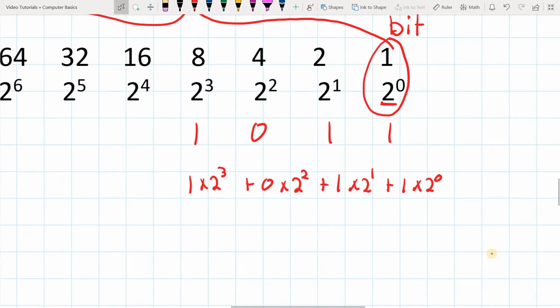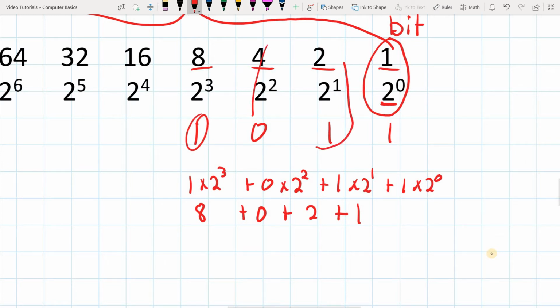And if we do the math here, we can see that we have 8, 4, 2, and 1. So this is 8 plus 0 plus 2 plus 1. We added the 8 because we had a 1 here. Did not do anything with this 4. And we add the 2 and the 1, like that.